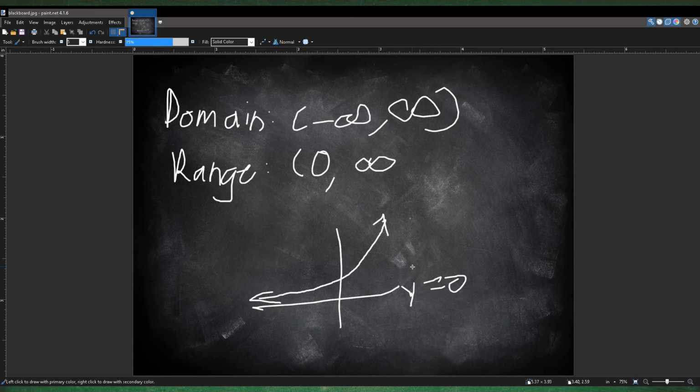So this would be our horizontal asymptote. There are not going to be any vertical asymptotes unless it's a really weird exponential function. Sorry about that. And that basically covers everything about its properties.